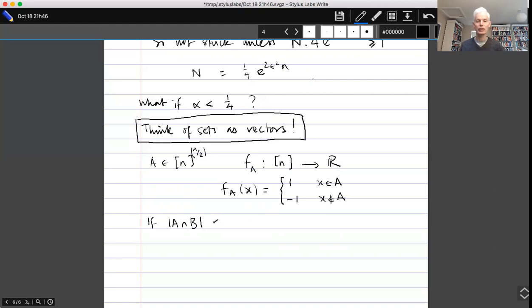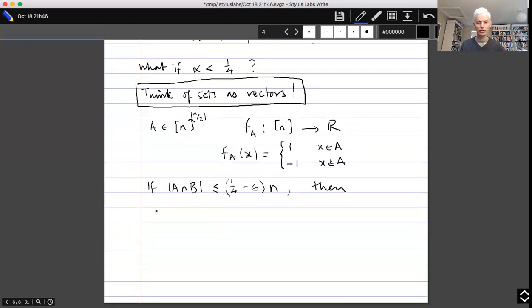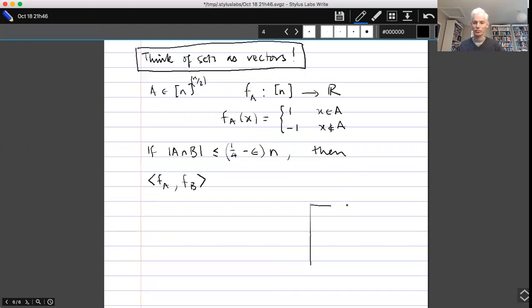If A intersect B has size at most a quarter minus epsilon n, then let's have a look at the inner product of f_A and f_B. And in order to work out what this is, I'm going to draw a little Venn diagram. There are other ways of thinking about this, but this is quite a nice way to do it.